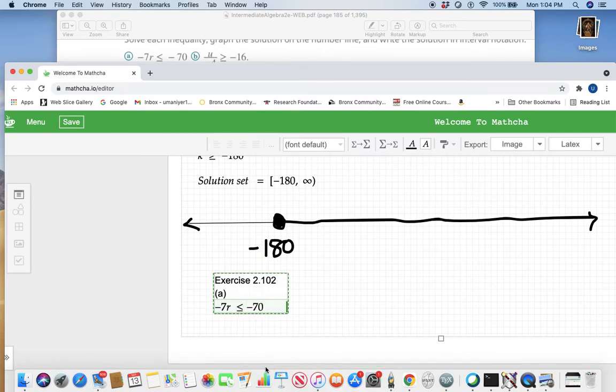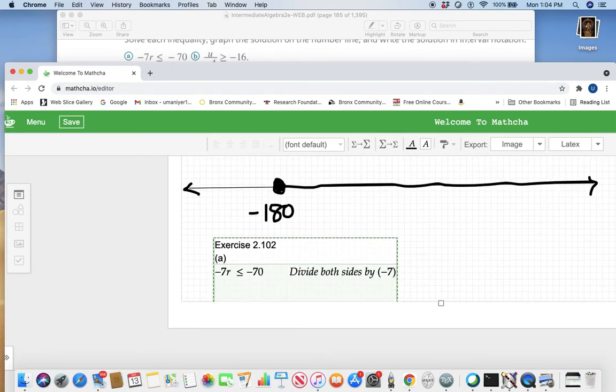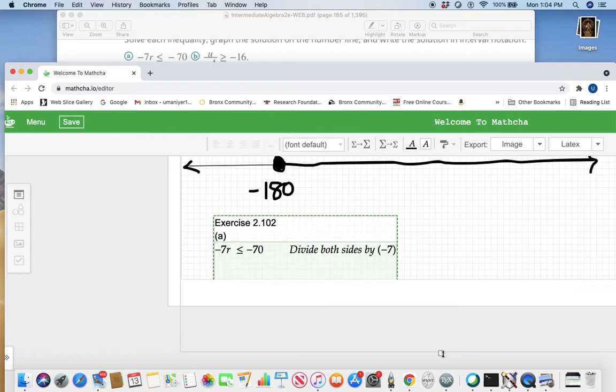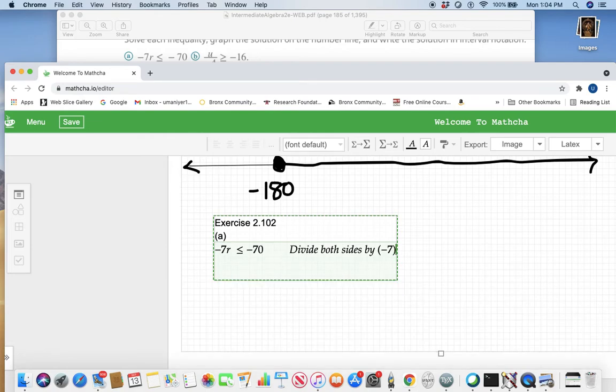Okay, you want to be dividing by negative 7. Divide both sides by negative 7. Well, what happens then? You have a fraction. Notice you are dividing by a negative number, so the inequality changes.